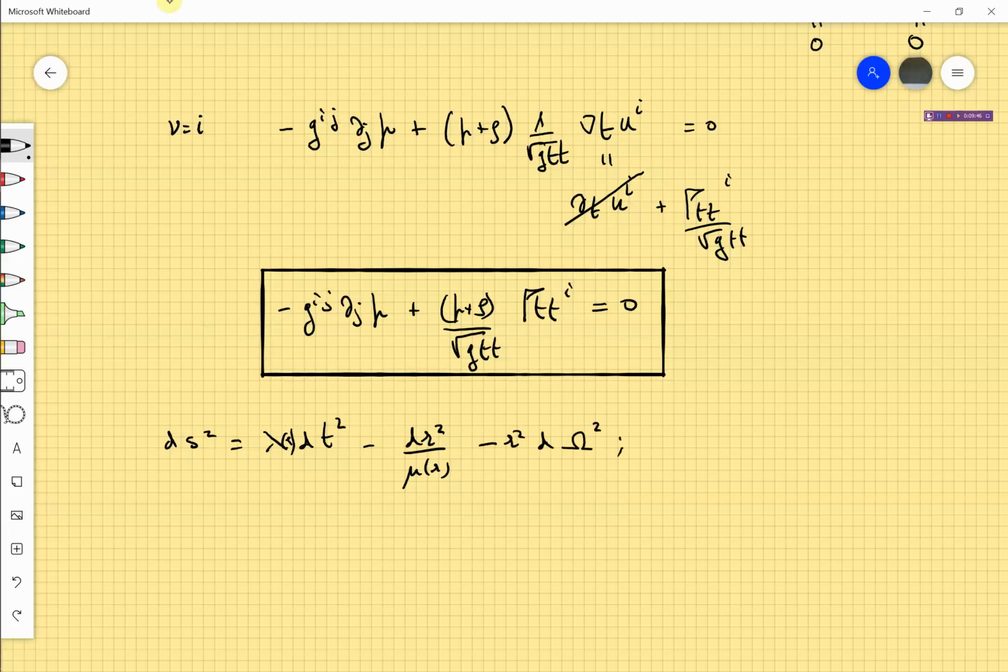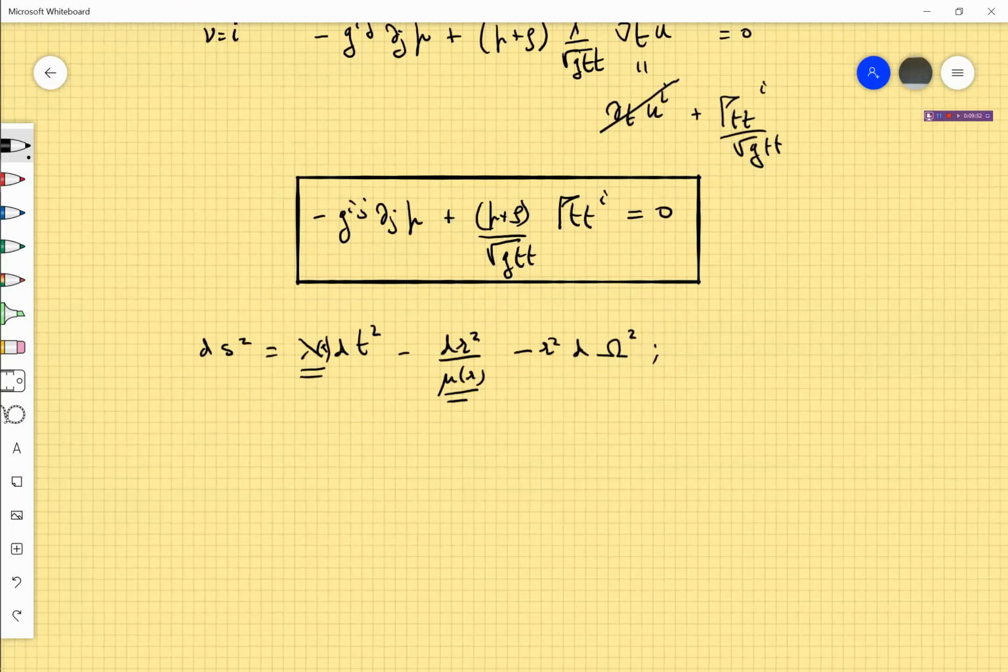Okay, it depends on only two functions of the radial coordinate r. If we want to work with the Einstein equations, you need to compute the components of the connection, of the Ricci tensor and of the Einstein tensor, which are given in the notes to simplify your life, but again I recommend you to do it on your own.